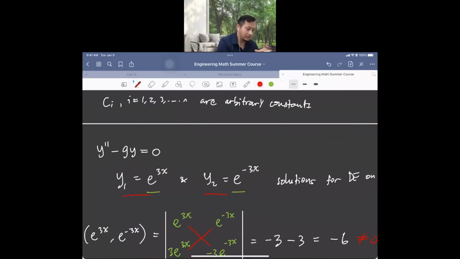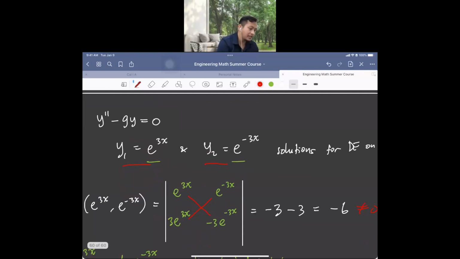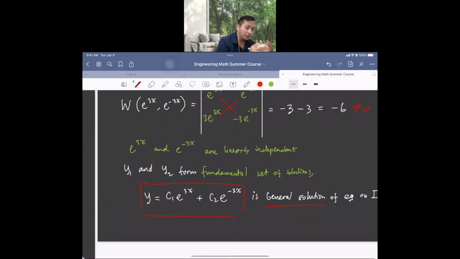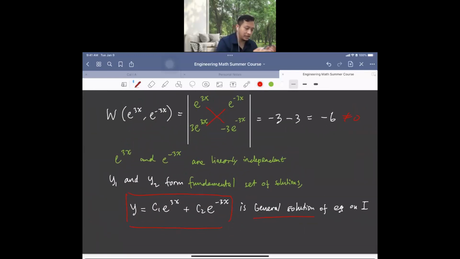So from the first example and this example, I'm just saying, let's say these are the solutions, how do we prove they are linearly independent, and if this is a fundamental set of solutions, then we can combine both solutions with superposition and make a general solution. Okay, thank you, Professor. Okay.